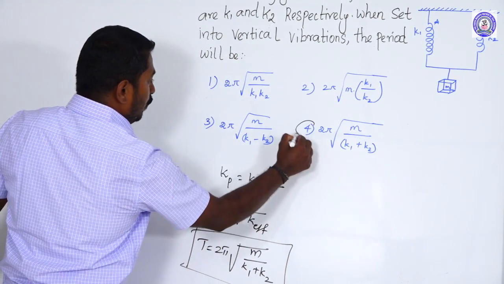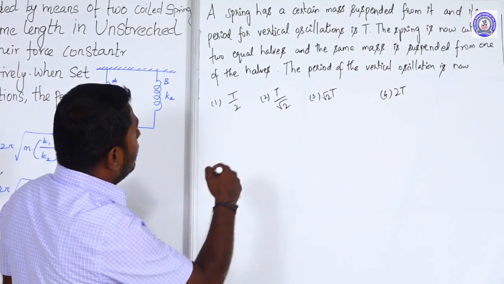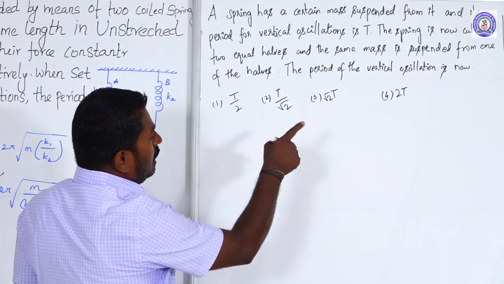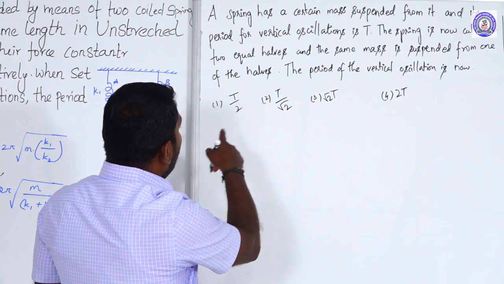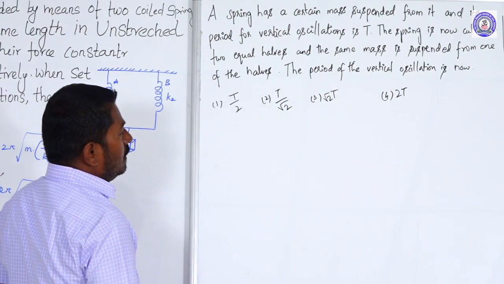So the right choice is the fourth. A mass is suspended from a spring and its period for vertical oscillation is T. Then the spring is now cut into two equal halves and the same mass is suspended from one of the halves. What will happen to the time period of vertical oscillation?